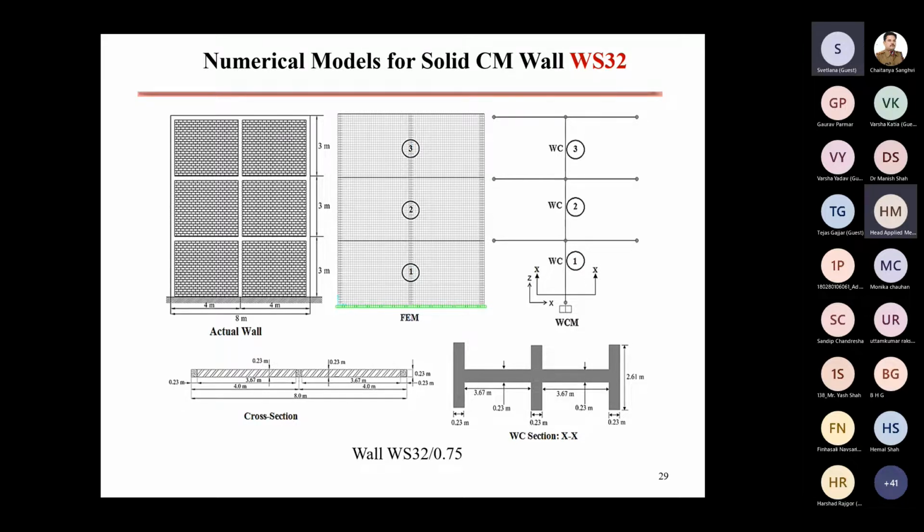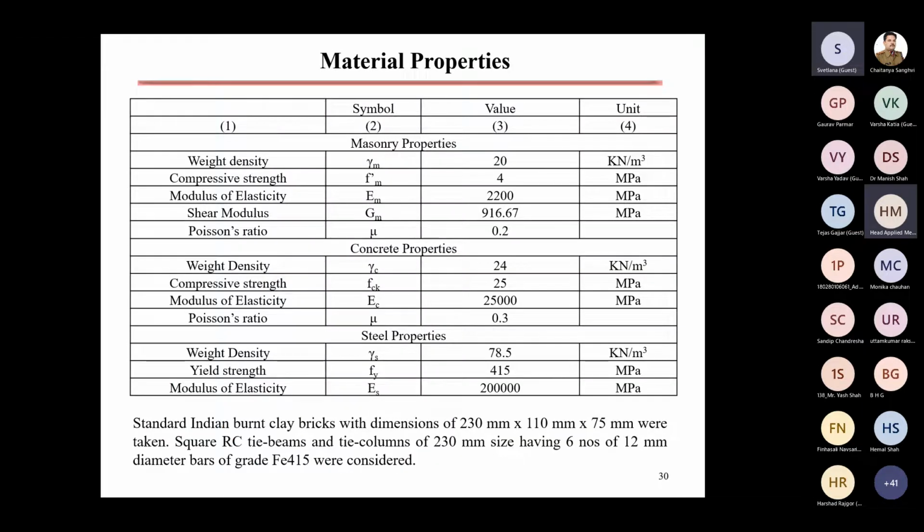I would like to mention that this middle portion did not matter actually. This middle tie column could have been ignored in reality, but she did model it. So that was how the section that she used entered into SAP. She did SAP analysis in her model, and these are some properties. It is all explained in the paper that I shared with you, and in her thesis, of course, more extensively.